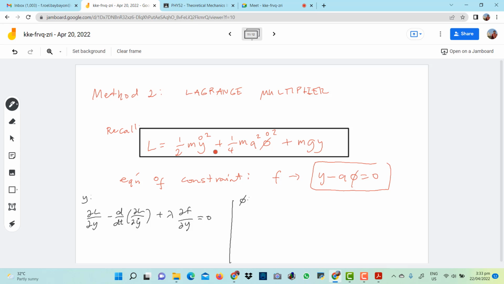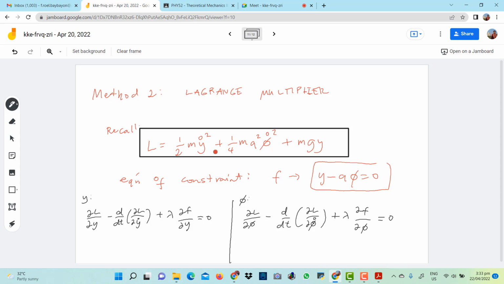And then for phi, I have partial L, partial phi minus d/dt of partial L, partial of phi dot, plus lambda partial F, partial phi equal to 0.